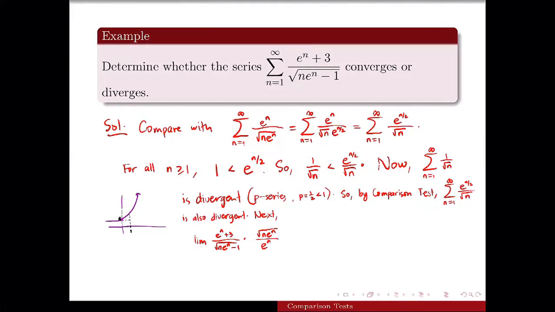Here we get the limit as n approaches plus infinity. So we will have the limit as n approaches plus infinity of e to the n plus 3 divided by e to the n, and then square root of n e to the n over n e to the n minus 1.